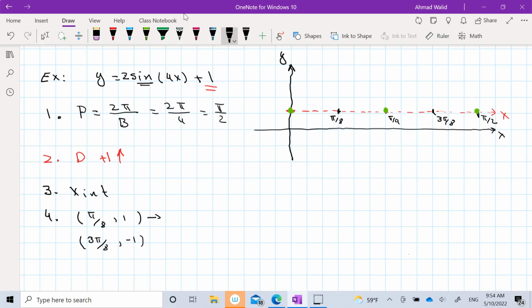Now, how to find the new key points? Pi over 8, if you remember, multiply your output by your amplitude, which is 2, correct? Multiply this only with your output, that gives you the new key point. 1 times 2 gives you 2, and here 3 pi over 8, comma negative 1 times 2 gives you negative 2.